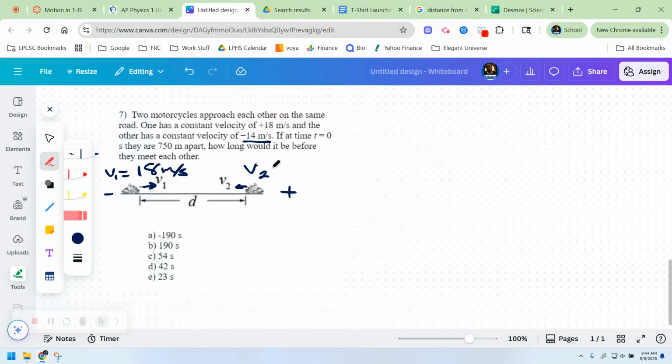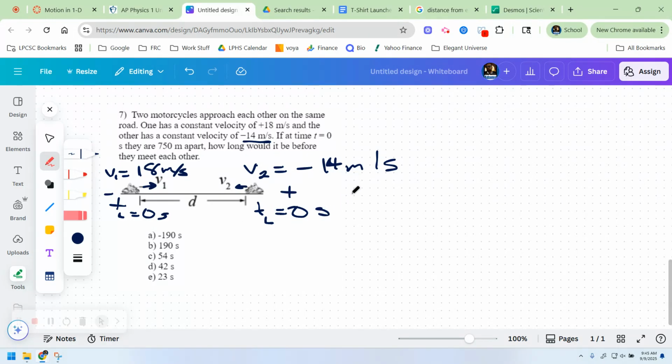because that's going in the negative direction. And so then if we start the clock here, my initial time is 0 here, and this one has the same initial time, 0 seconds.